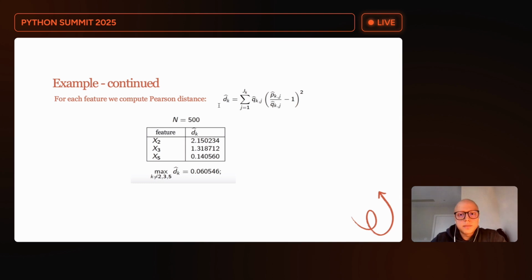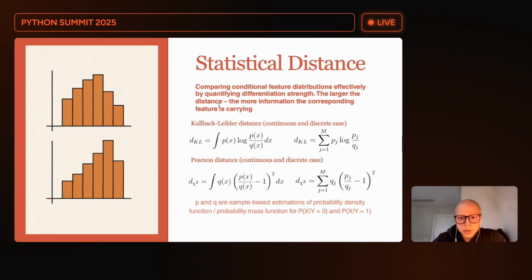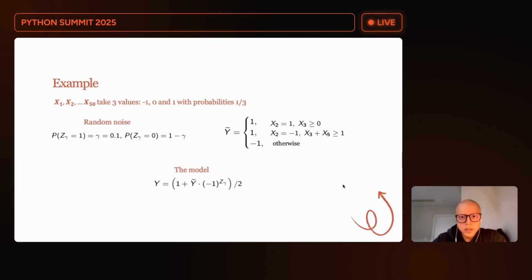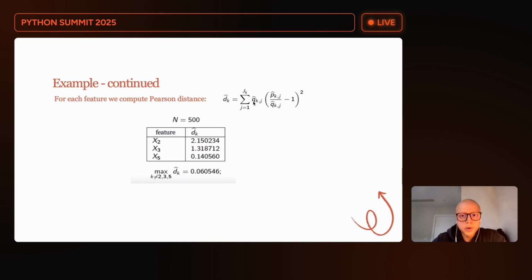So for each feature, we just compute this Pearson distance. Here is the formula. Here is the same formula, but I replaced each Q and P with the corresponding sample-based frequencies.